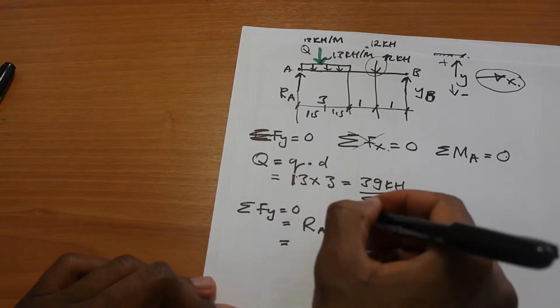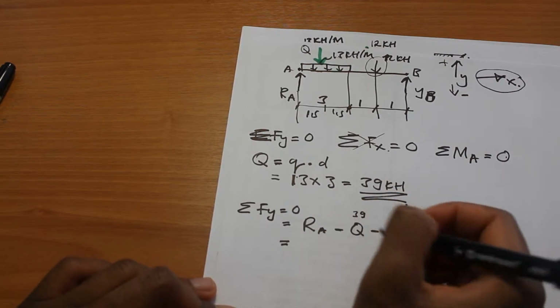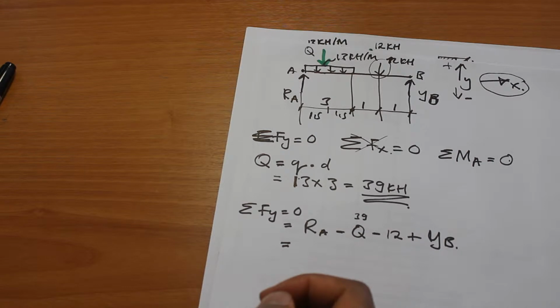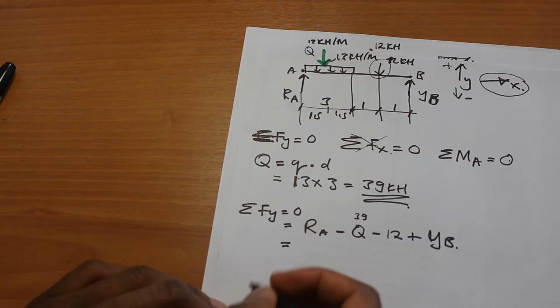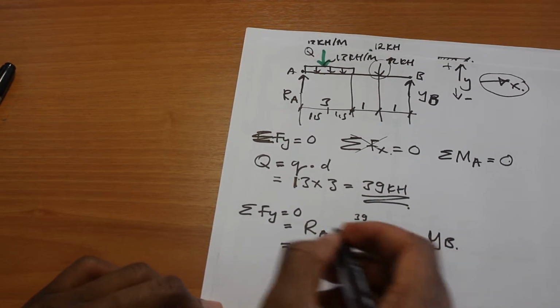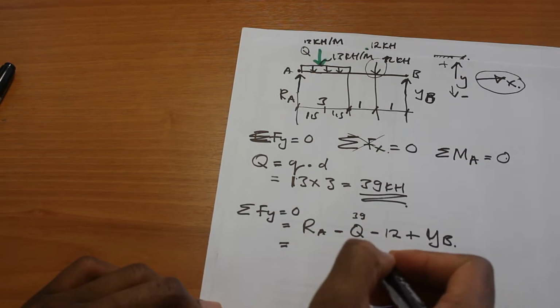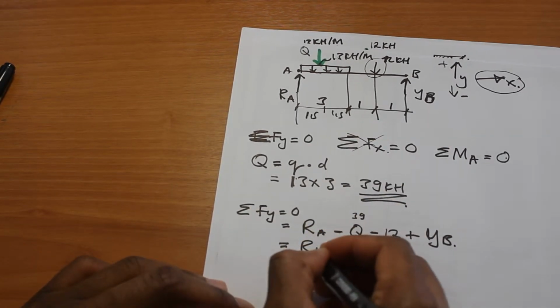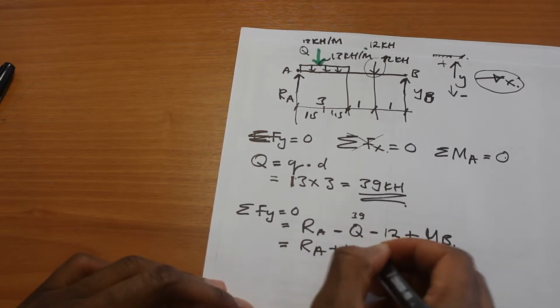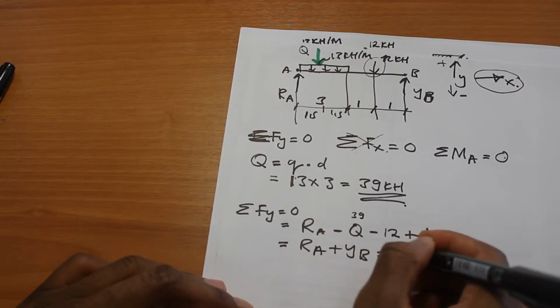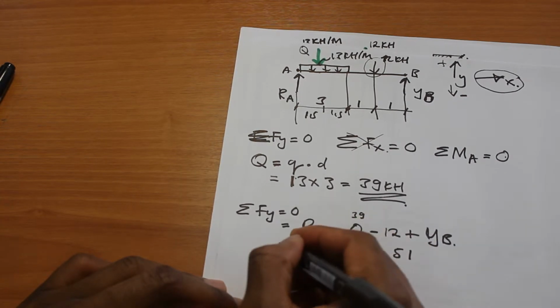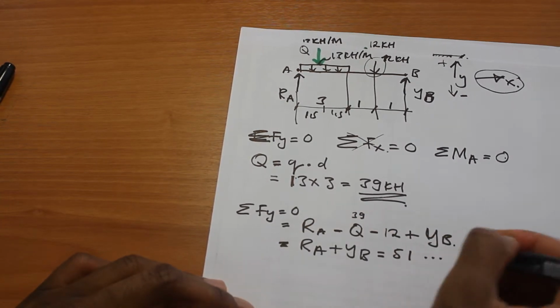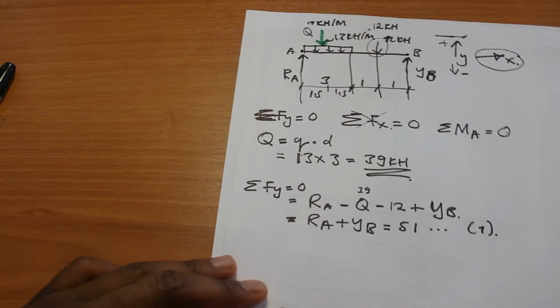So to sum it up, this is negative 39 minus 12, I'll get 51. So in summation, when we find the additive inverse of this, it gives us positive 51. So I'll say RA plus YB is equal to positive 59. This becomes my first equation for equilibrium.